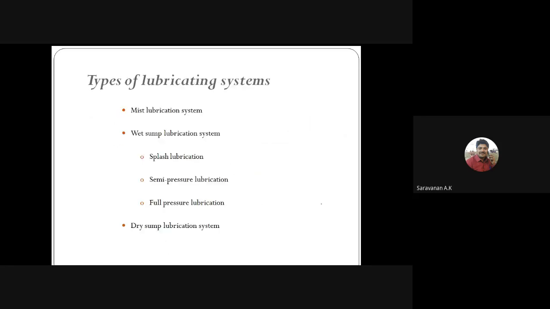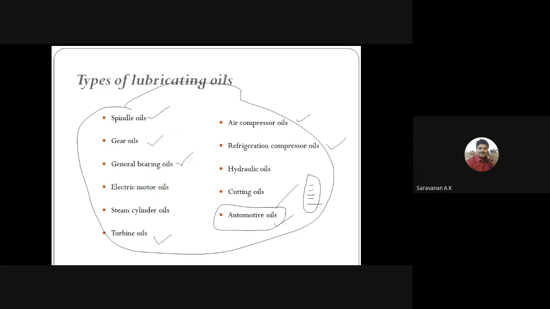Then we have the lubrication systems in the IC engine. Up to this point we have seen things in a general manner: what the lubricant is, what the lubricating oils are, and what the additives are.